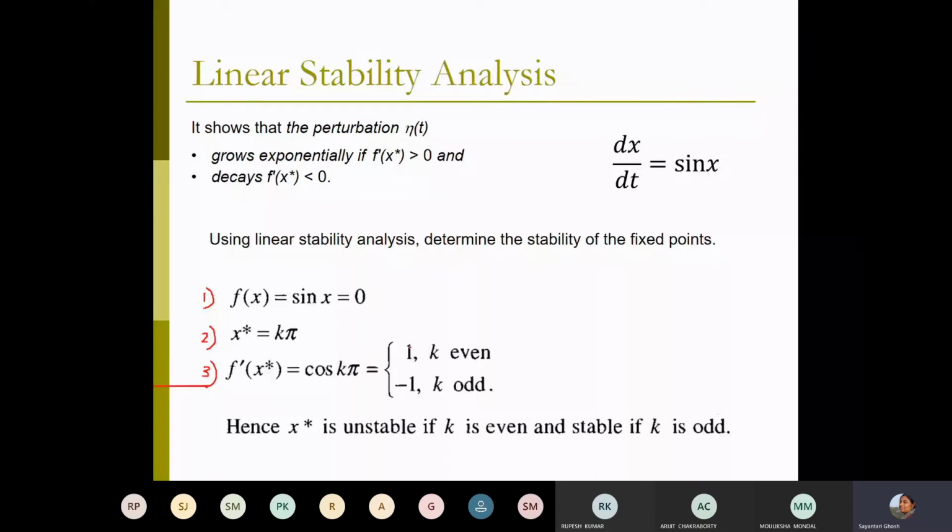So if k is equal to even or k is equal to odd for a solution of x star equal to k pi, we straight ahead get the solution that we achieved through graphical method, that alternatively we will have stable and unstable fixed points. So is this idea clear to everybody, the method, or is there any confusion regarding linear stability? No, ma'am. Fine. Okay. So let us move on now.